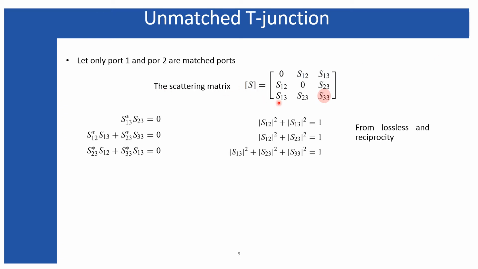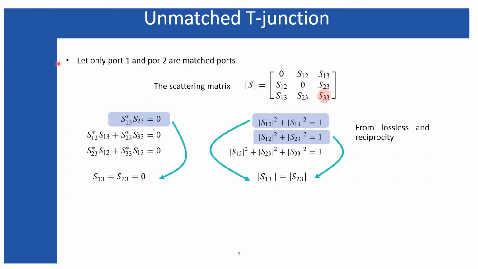So that is why S33 is present in this expression. As the network is a lossless network, these conditions result, where the last conditions I'm getting are due to the presence of this S33. Now from these two conditions, where this S12 is present, we can easily write that S13 is equal to S23.